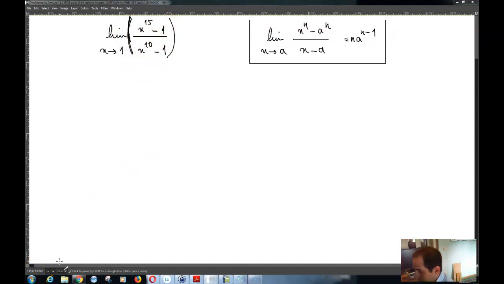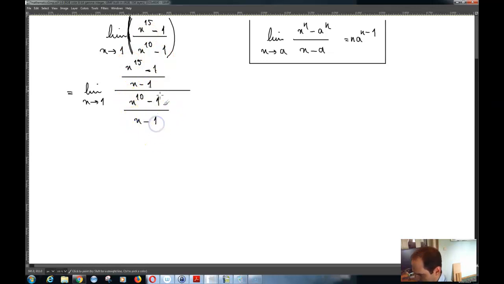Okay, so now what I can do here is that I can write this as the limit of x tends to 1 of x raised to the power 15 minus 1, then I can divide this by x minus 1. And then again x raised to the power 10 minus 1, I can divide that by x minus 1.